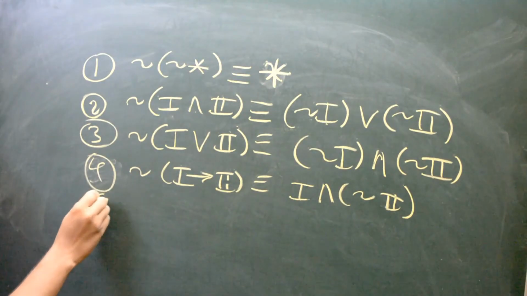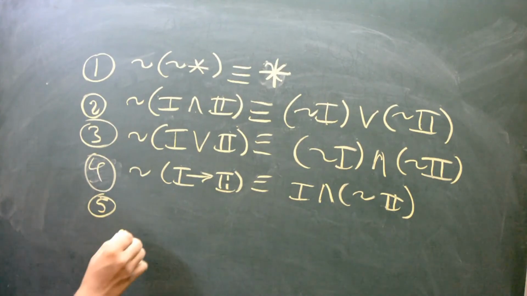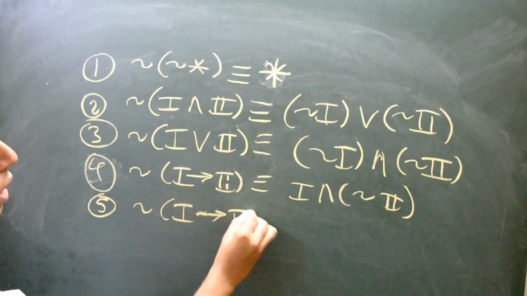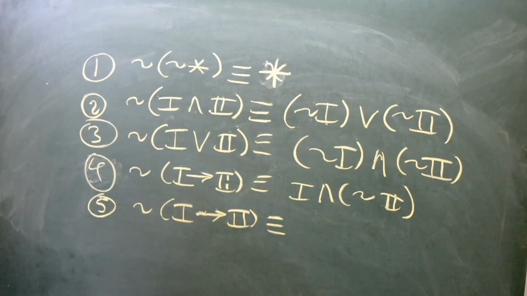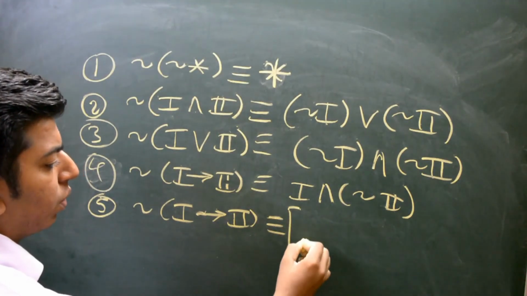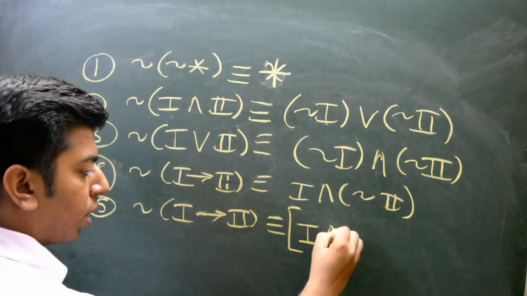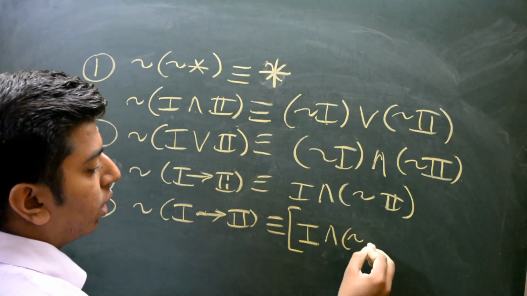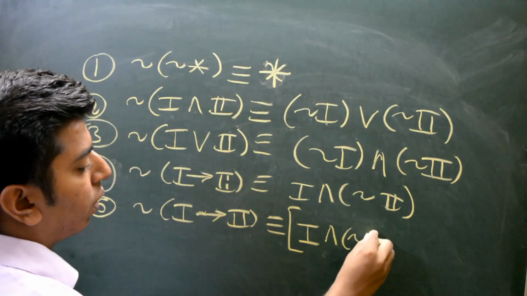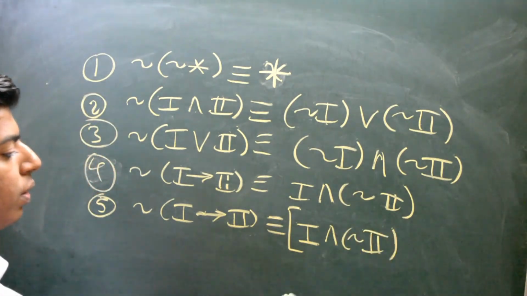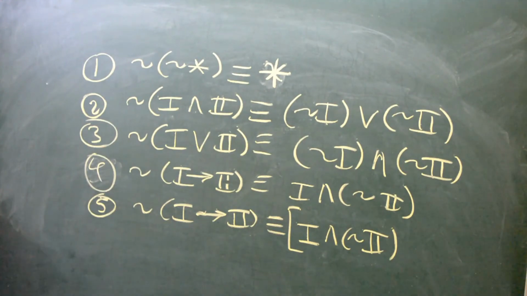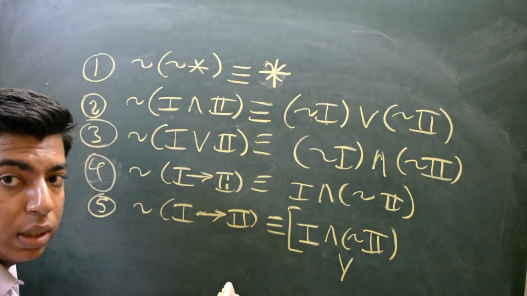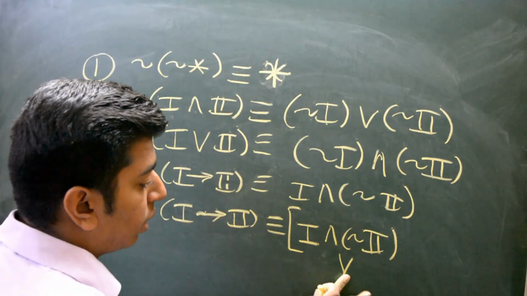Then the fifth one is negation of first biconditional second is equivalent to first conjunction with negation of second, disjunction with second conjunction with negation of first. Are you able to see it or not?